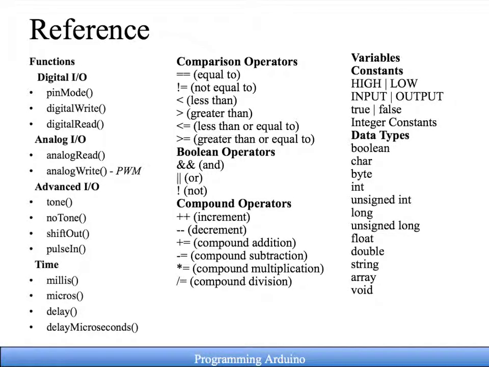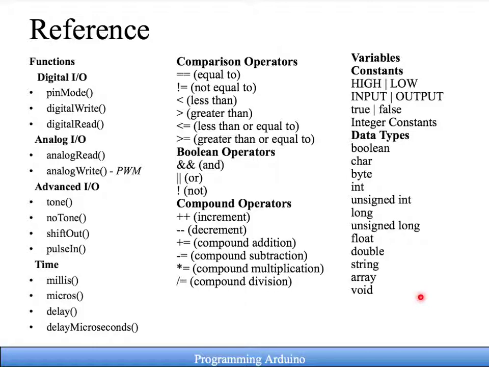If you take a look at the Arduino.cc website, you will find the reference, and the reference contains every function that you can use for the Arduino, and that function is declared and defined as one part in the library.